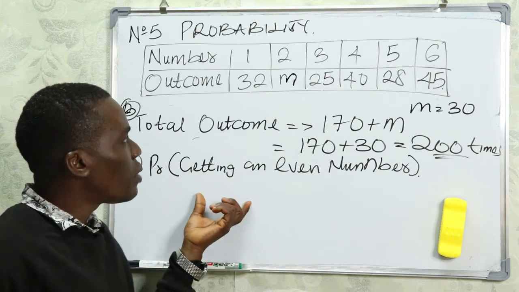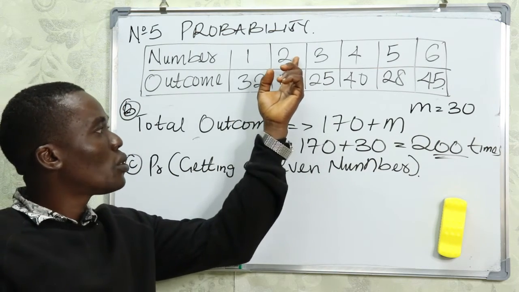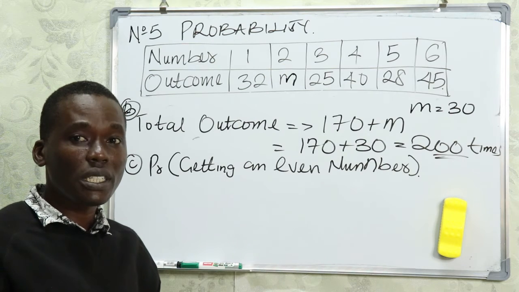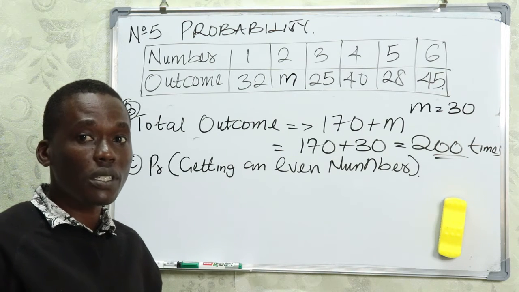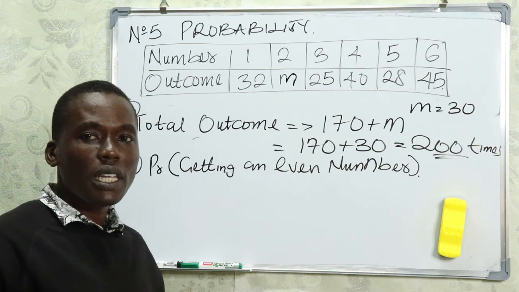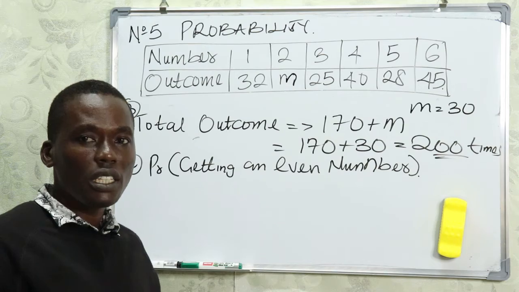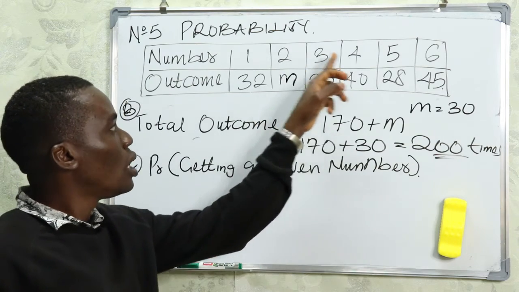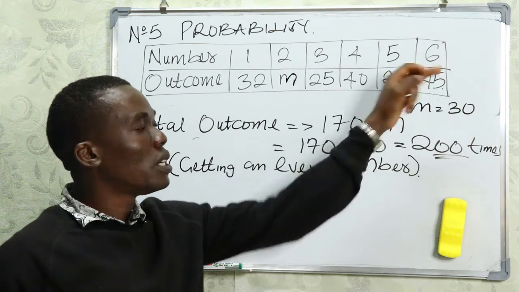Now, even numbers are numbers like what? 2. Even numbers are numbers that can be divided by themselves, and also 2. Any number that can be divided by 2 is an even number. So we have 2, we have 4, we have what? 6.